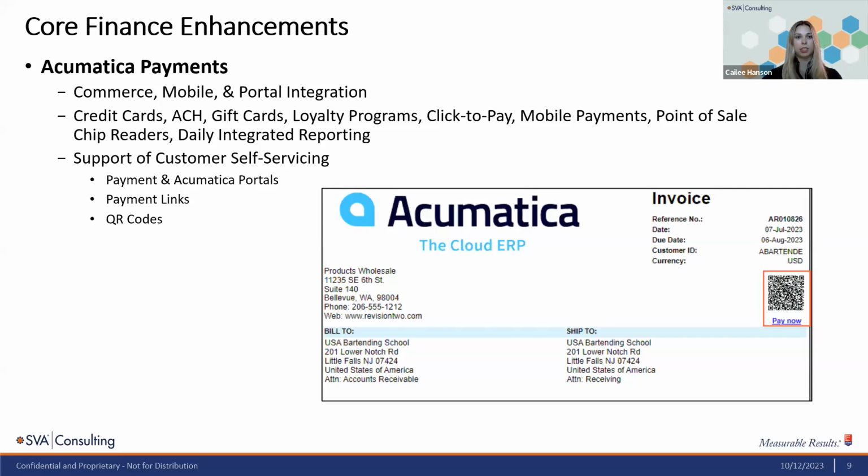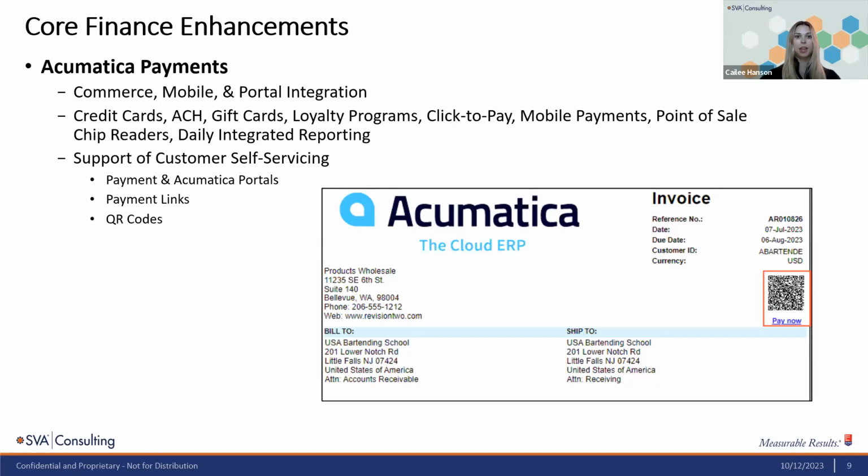So it supports the commerce, mobile, and portal integrations, with multiple payment options available. I have some of them listed there, basic things such as credit cards, but then opportunities to incorporate loyalty programs, click to pay, paying on your mobile device, point of sale, and then with that daily integrated reporting as well.